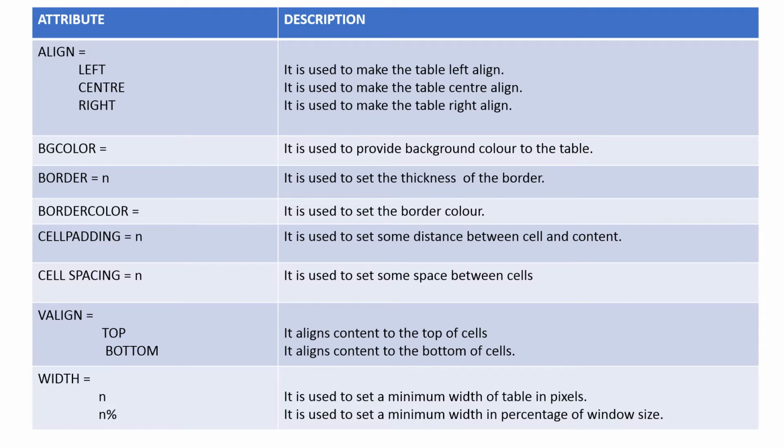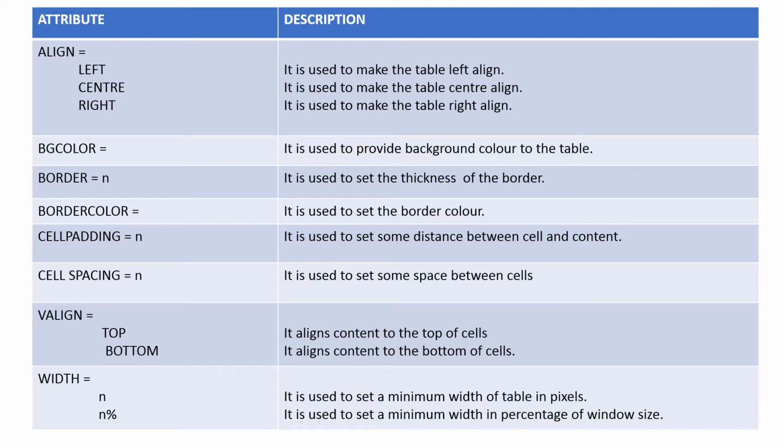It is used to set some distance between the cell and the content inside the cell. If you want more space, more distance between the cell and content, then you can increase the value of n depending on your requirements.